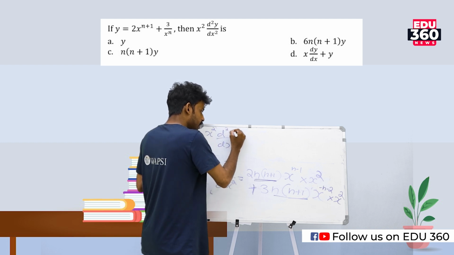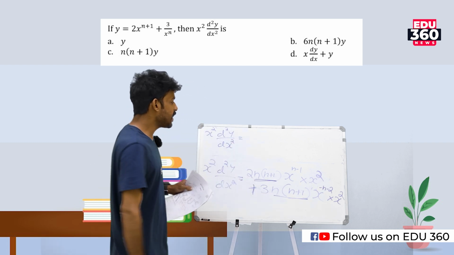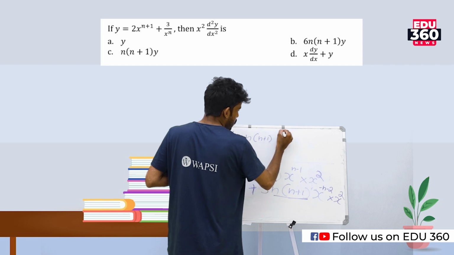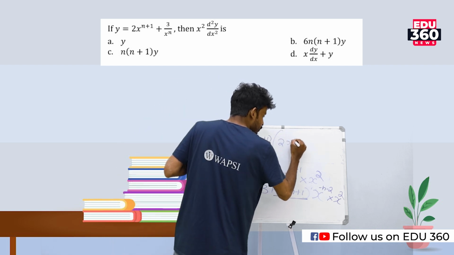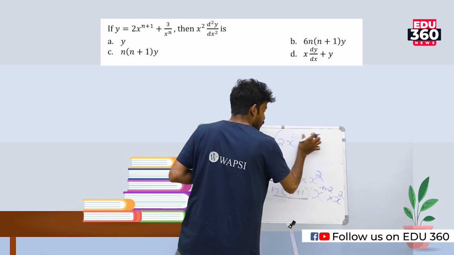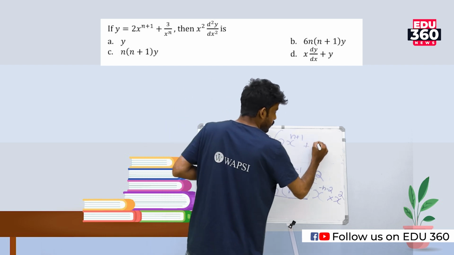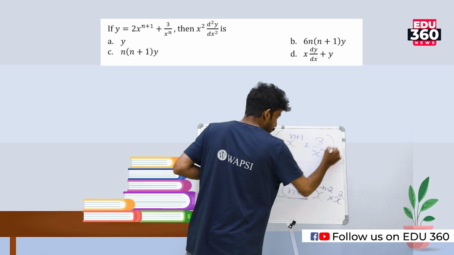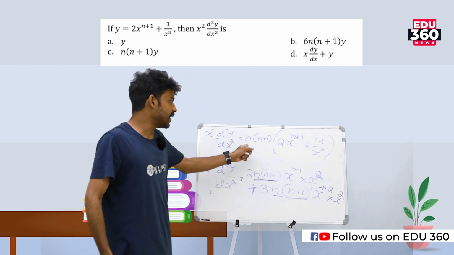It is equal to n into n plus 1 times, 2x raised to n plus 1 plus 3 divided by x raised to n, because n into n plus 1 is common and we can take it outside.